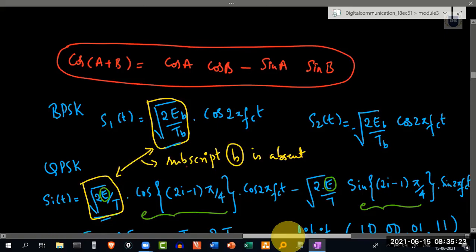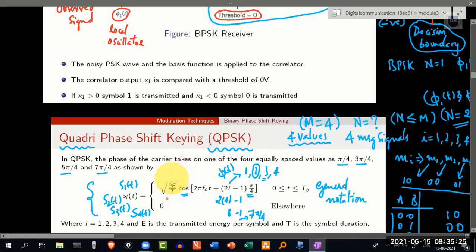Here it's in a similar form, because I can think of this as some constant, and this is in cos of a plus b form, where the a value is 2 pi fc t and the b value is 2 times i minus 1 into pi by 4.